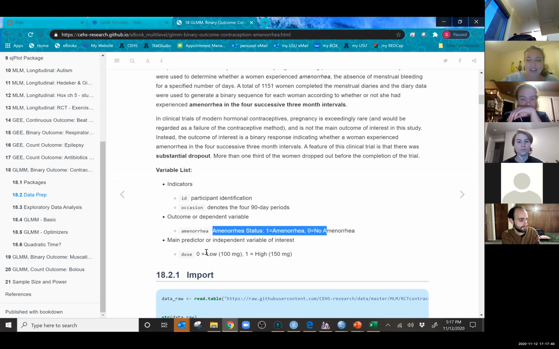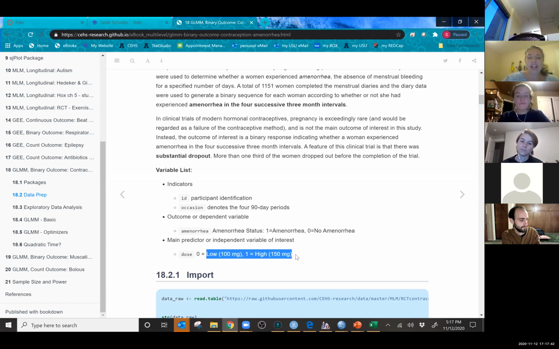And the randomized variable is whether or not they were given the low or the high dose of the birth control. So we want to know if over time, does the high dose lead to a bigger chance of having the cessation of their menstruation, or are the 2 levels of dose the same over time?